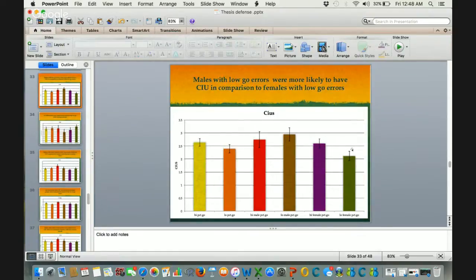But inversely, we saw that males with lower go errors were more likely to be compulsive internet users in comparison to females with low go errors. So this can be interpreted as men having a shorter attention span than women.